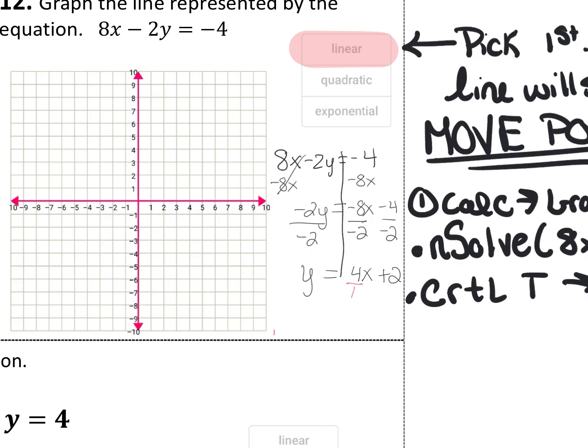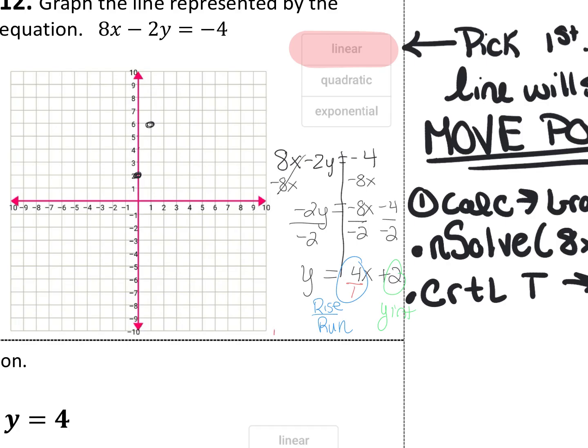Remember, this is a 4 over 1. This is my y-intercept. This is my rise over my run, my slope, my rate of change. So I'm going to go to positive 2 and put a dot. And from that dot, I go up 1, 2, 3, 4, and over to the right. You always go to the right one. And then you can grab your ruler.